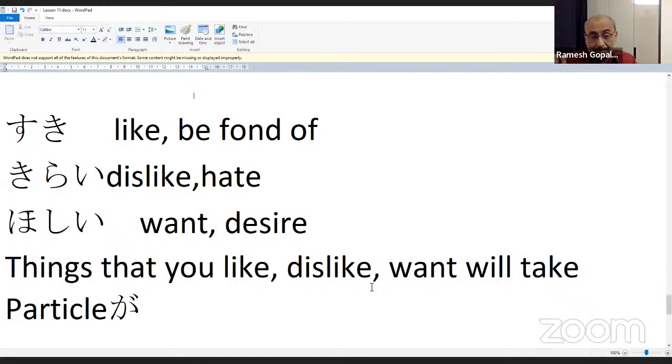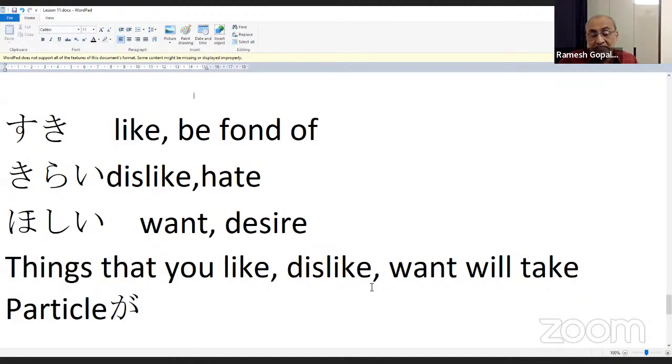But whereas if you say I like ice cream, then it is ice cream ga suki desu, because it's not a verb. Suki is not a verb. Suki is an adjective. Ice cream is not an object, it is a subject.